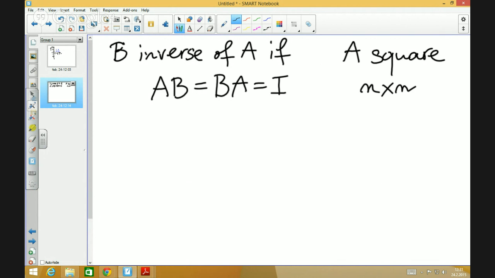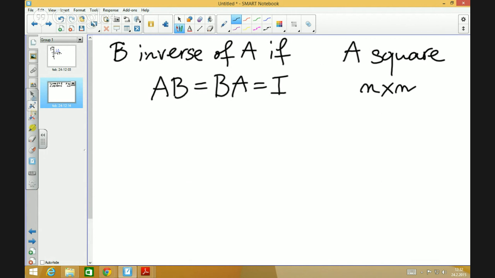So it's a two-dimensional array where you have the same number of rows and the same number of columns. Fantastic. So basically, the inverse of a matrix is like the inverse of a number. If you have a number A which is non-zero, 1 over A is the inverse, because if you multiply the two, you get 1. In this case, the role of 1 is played by the identity, because every matrix multiplied by the identity remains itself, doesn't change.